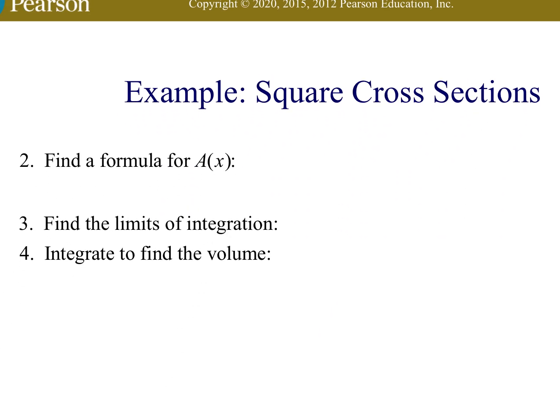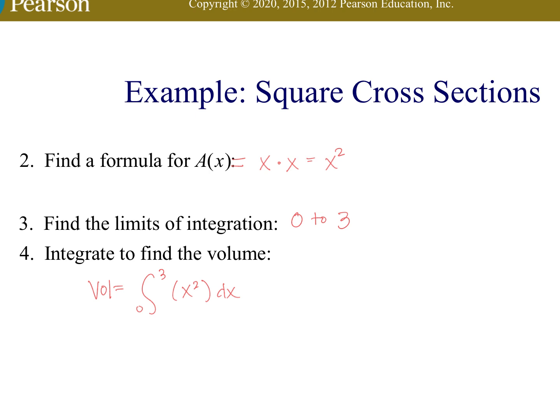So then I move on to the next slide and we find, okay, I just need to take that height and the width, and my area is going to be basically x times x, or x squared. My limits of integration will be 0 to 3. And so my volume I'll set up would be the integral from 0 to 3 of the expression for area dx.